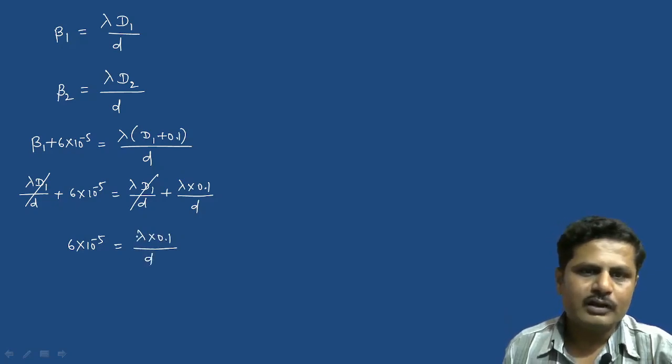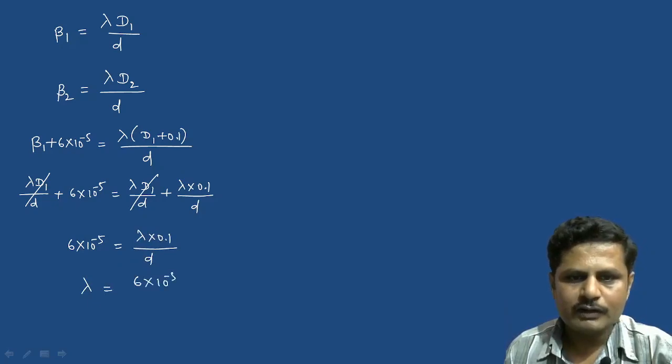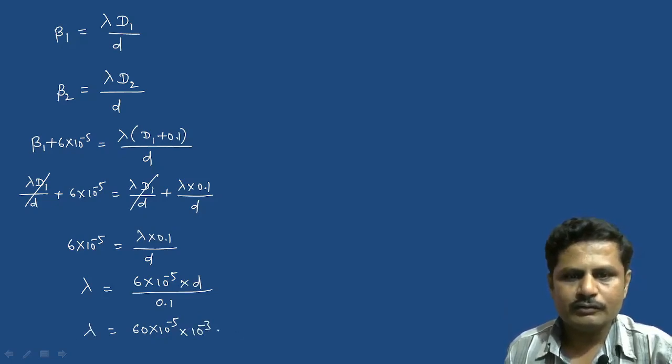Making lambda the subject, lambda equals 6 into 10 raised to minus 5 into the separation between the slits divided by 0.1. So 6 divided by 0.1 is 60 into 10 raised to minus 5, and small d equals 1 millimeter, that is 10 to the power of minus 3. This is lambda, the wavelength of the light used.